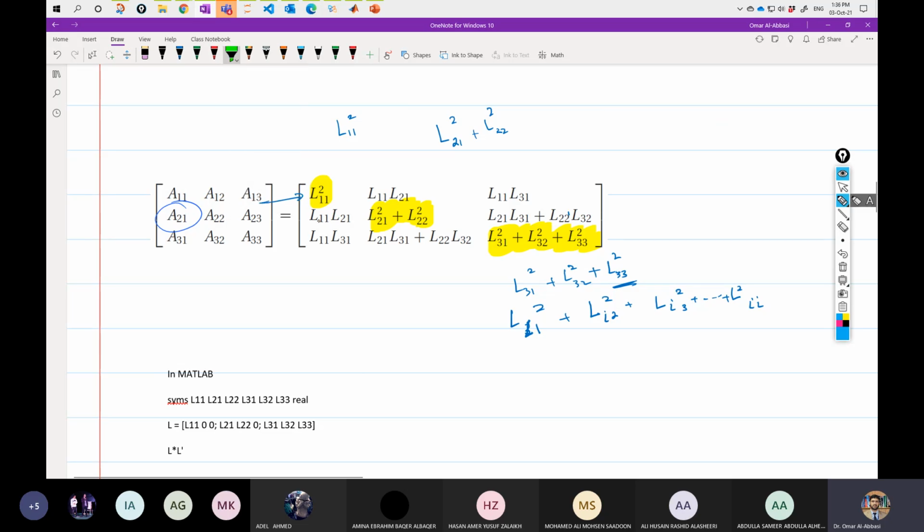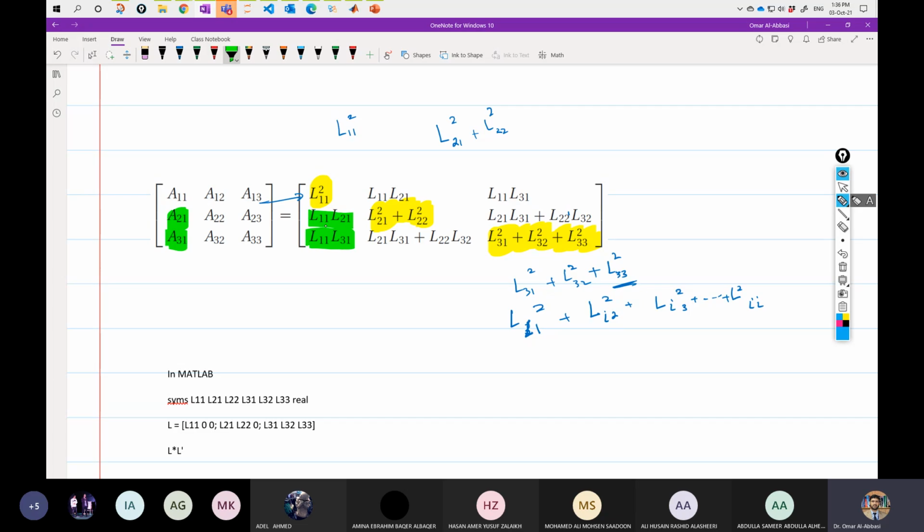Let us check the off-diagonal elements. So this is one of the off-diagonal elements. Let me look at the following: A12, A21 is L11 L21. And A31 is L11 L31.